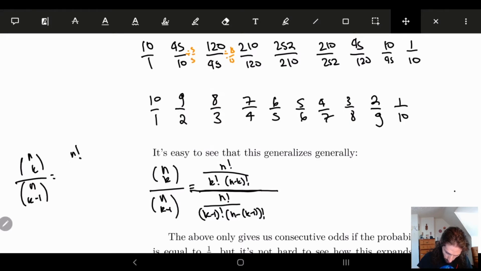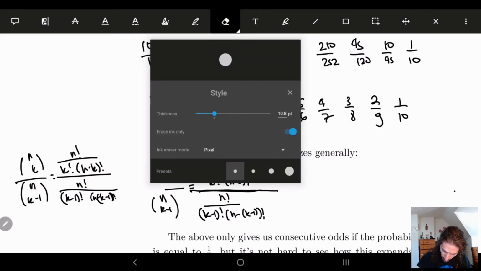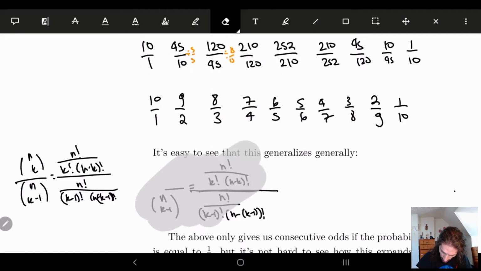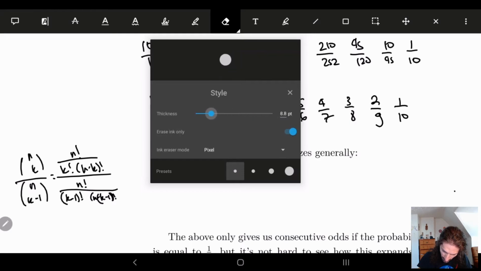N factorial over k factorial n minus k factorial divided by n factorial k minus 1 factorial n minus k minus 1 factorial. Okay, cool. Now I can remove this part. We'll make this bigger so I can easily do this. Ta-da! Before I forget, let me make this smaller again.